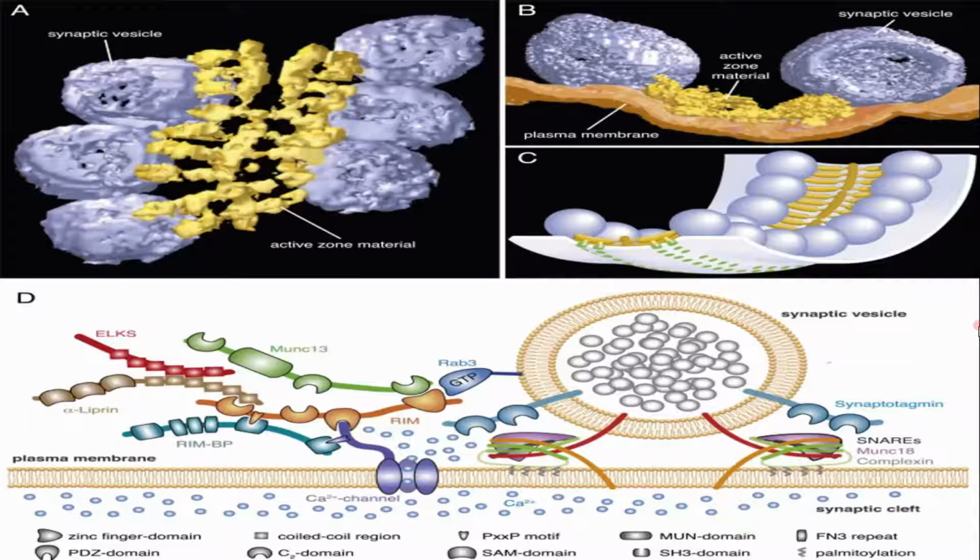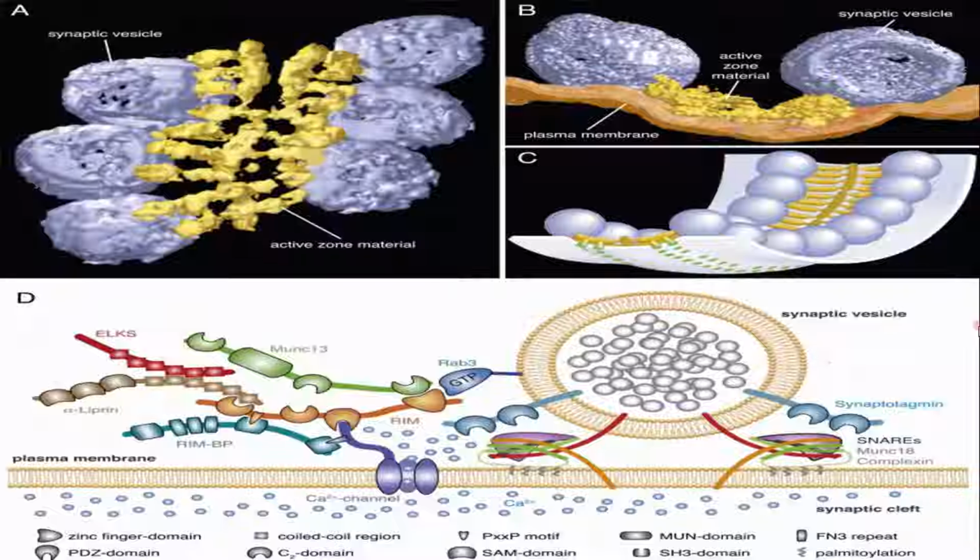This local high concentration allows the rapid binding of calcium to a protein called synaptotagmin. So this calcium binds with this synaptotagmin.